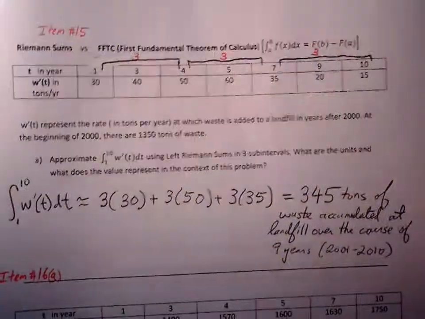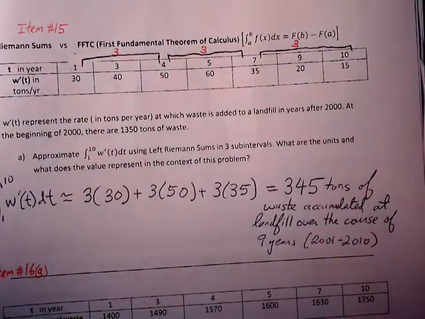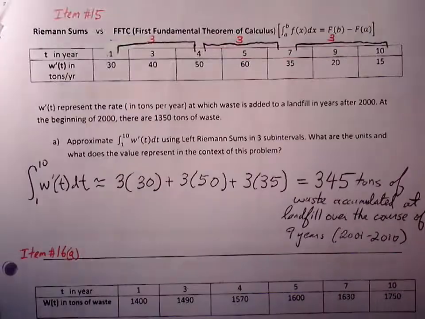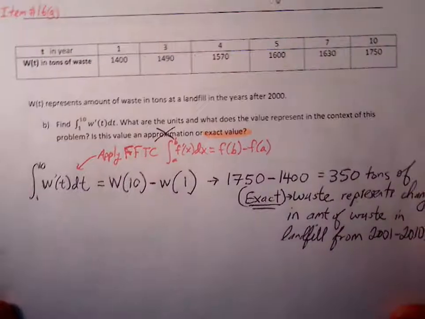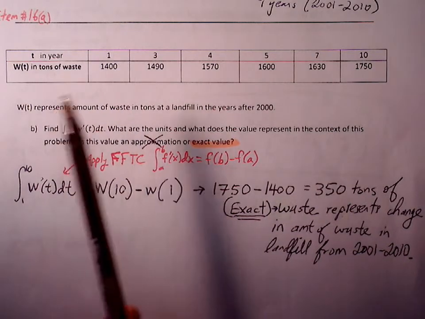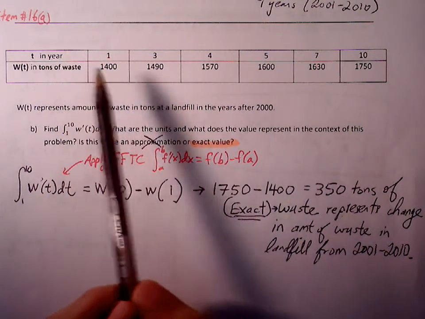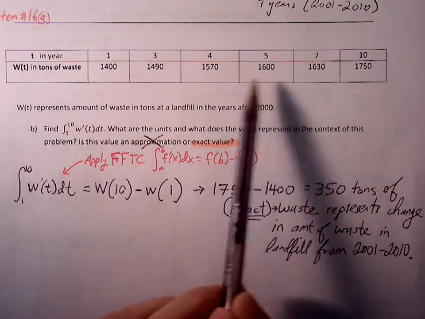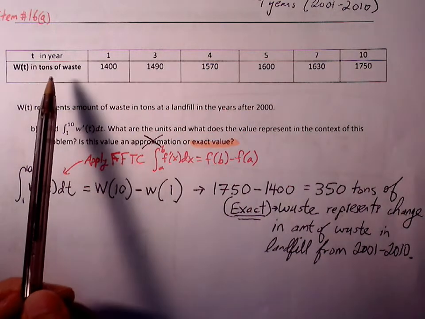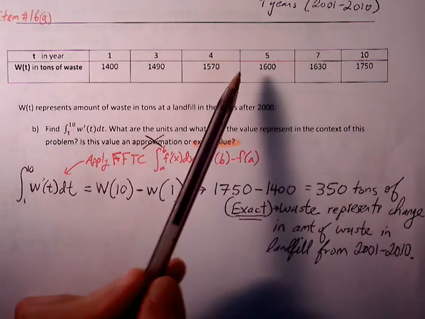Now let me show you a similar problem, but with a very different approach. So let's say, again, we're dealing with waste in a landfill, but now instead of w prime, the problem gives you the actual amount of waste in that particular year.